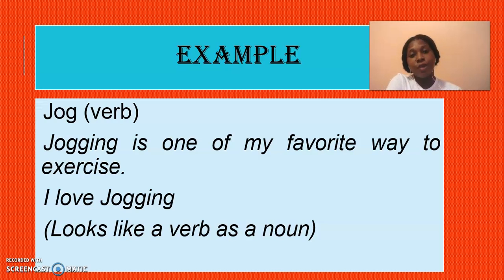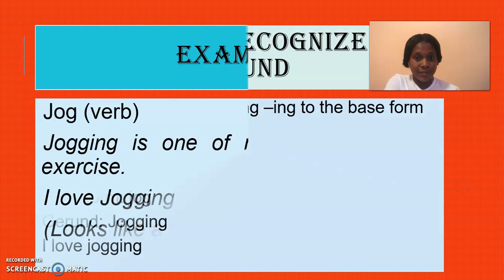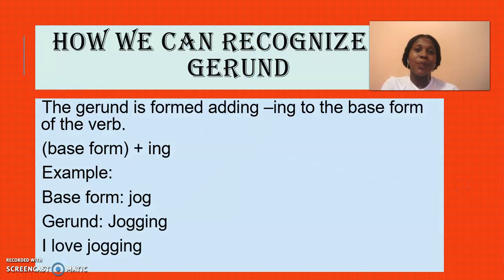Remember that. How can we recognize the gerund? The gerund is formed, as I said before, by adding ing to the base form of the verb. Base form plus ing. Example, base form jog, the gerund jogging. Sentence: I love jogging. Good.